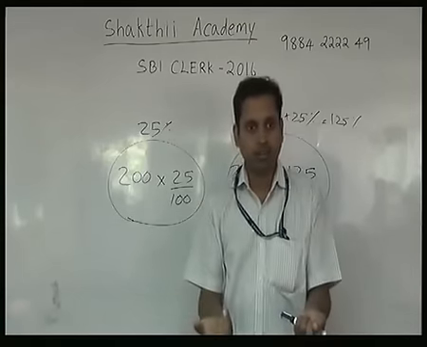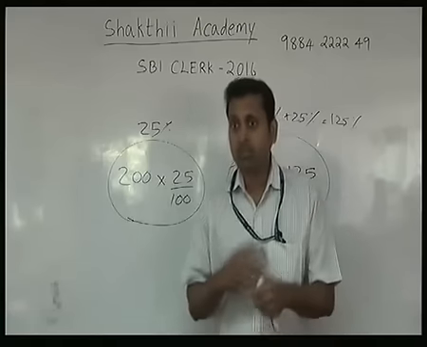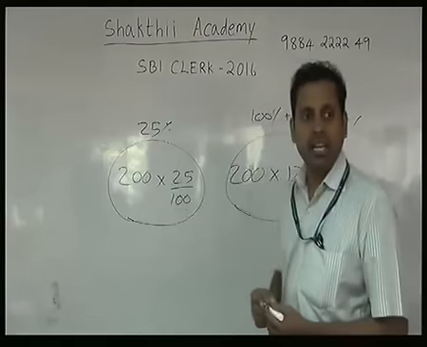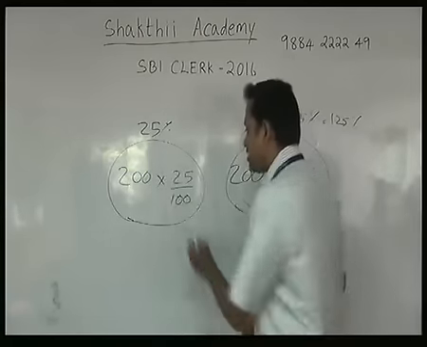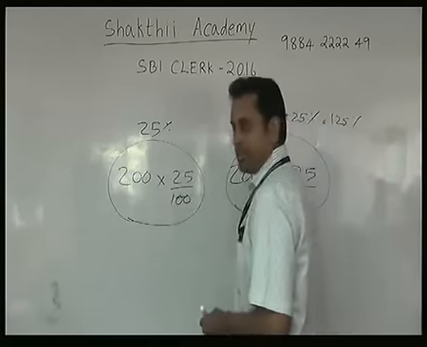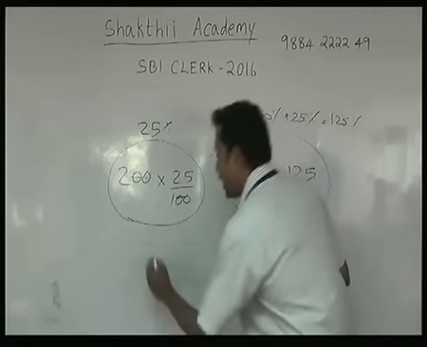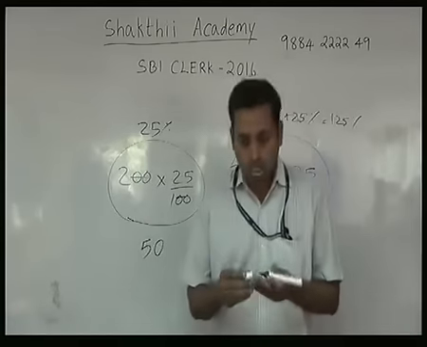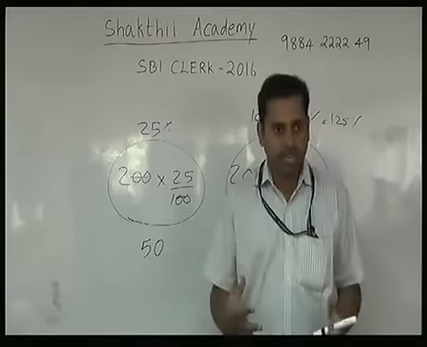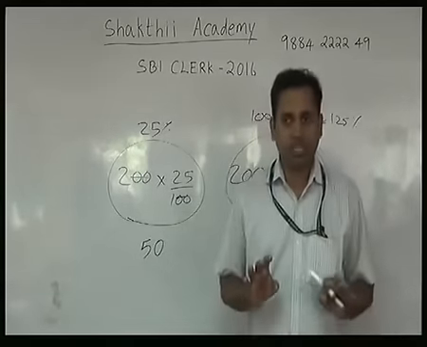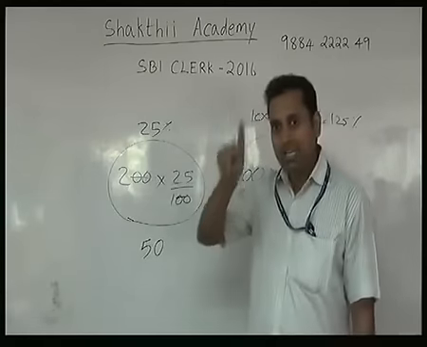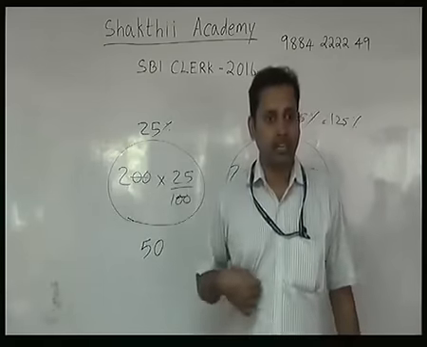When I calculate, this 20 will go away, this 20 will go away, so I will get 50. Rupees 50 is the discount I am getting. Is it clear? For that question, this way you can calculate.